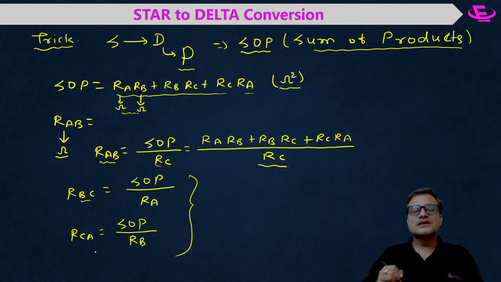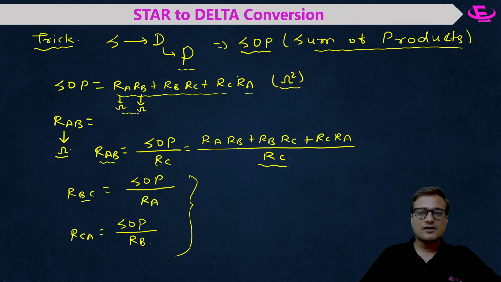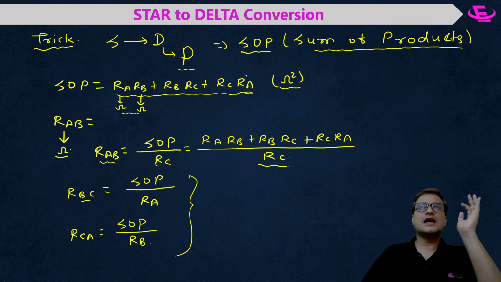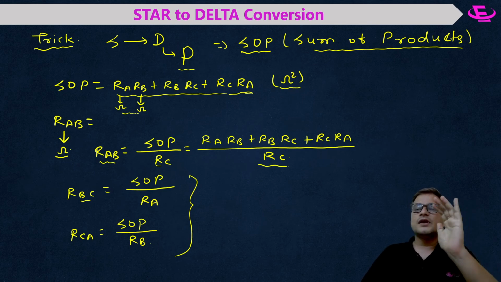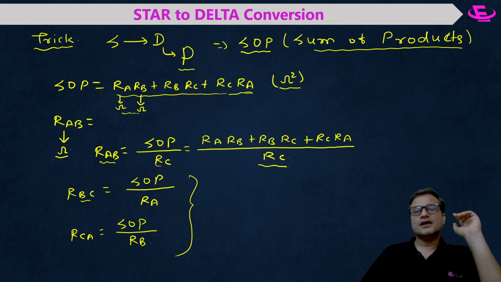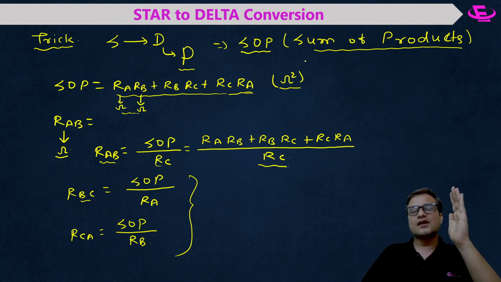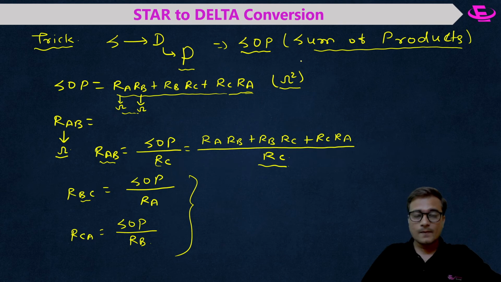I hope this trick is clearly understandable. So I think there is no need to remember anything. Just S to D means P, SOP, sum of products. With the help of this trick, you can easily convert a given star network into delta.